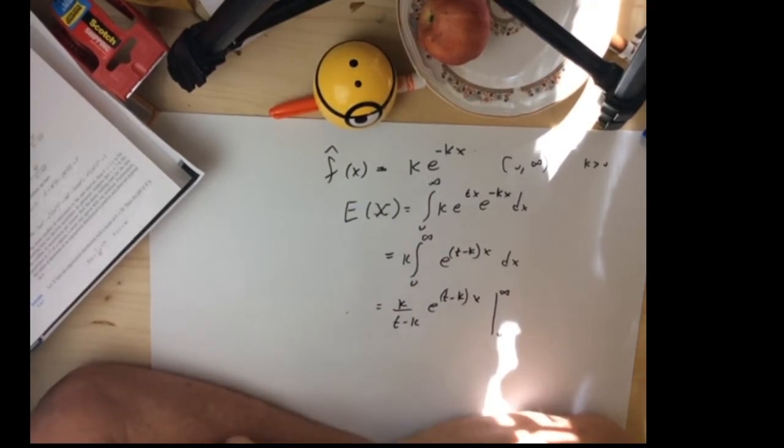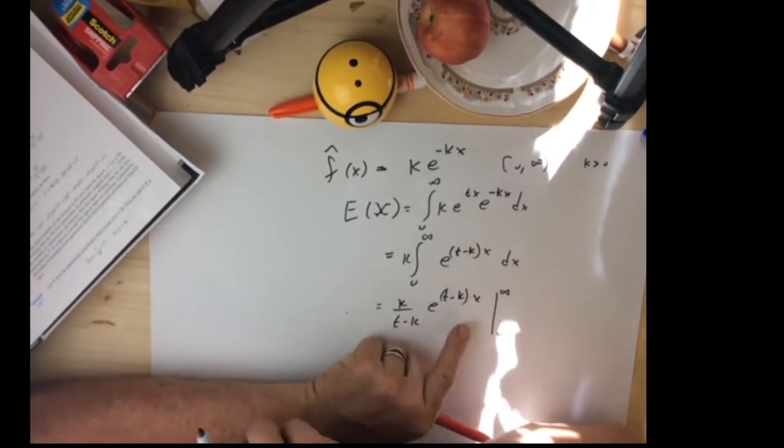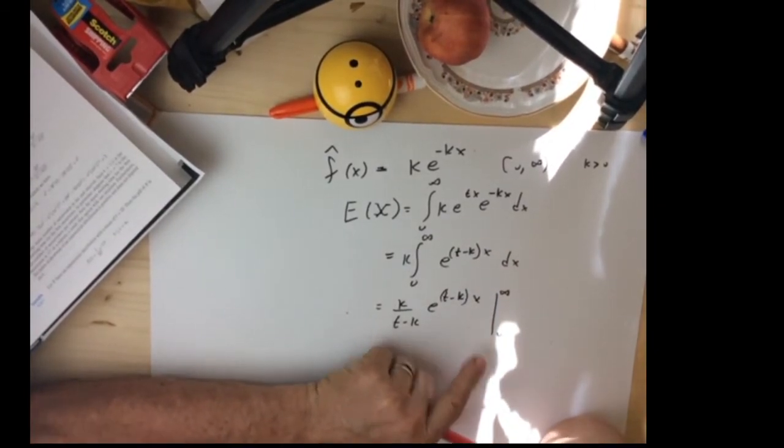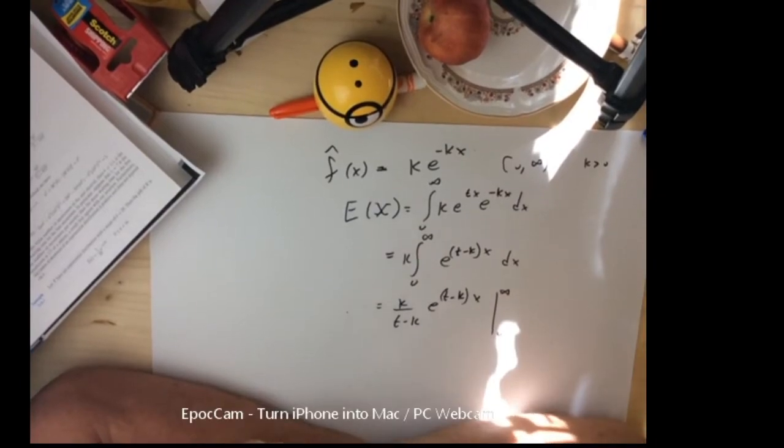Now, we need to be slightly careful here. Why do we have to be slightly careful? Well, we want to make sure that this integral calculates. We want the limit to go nicely.